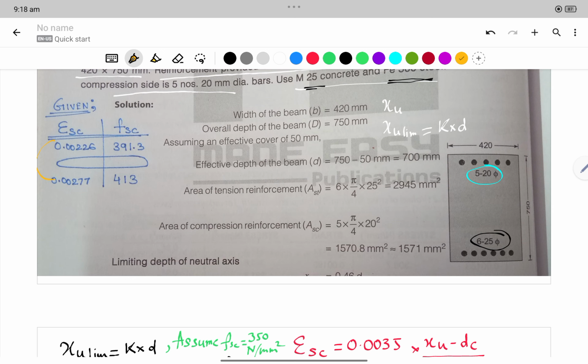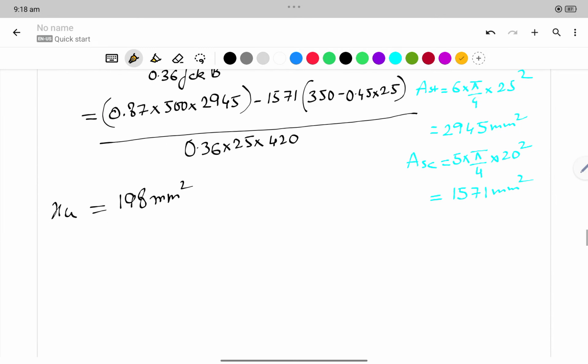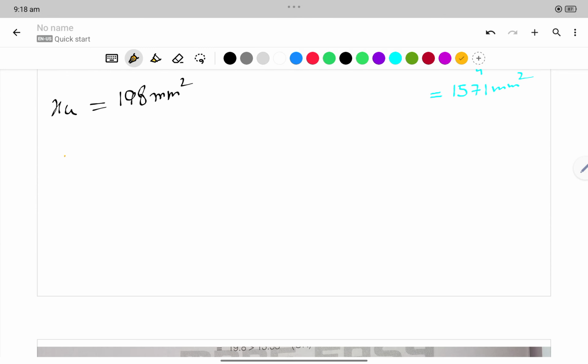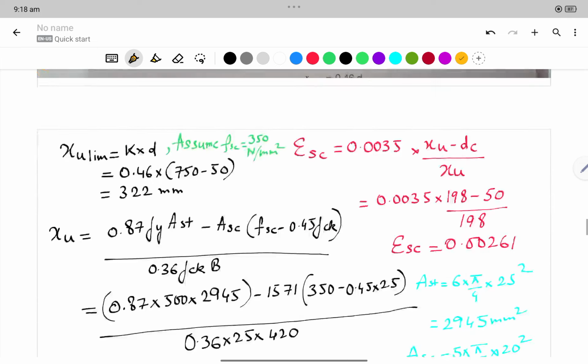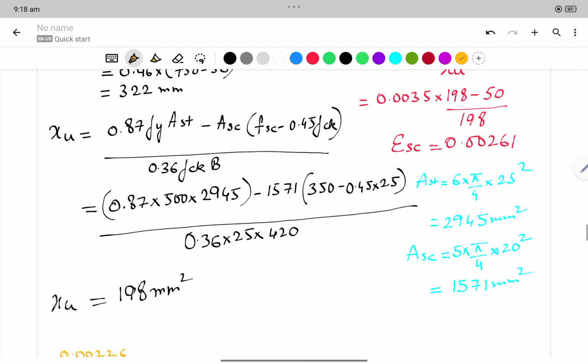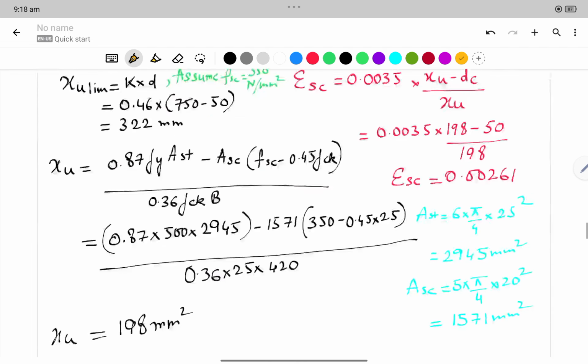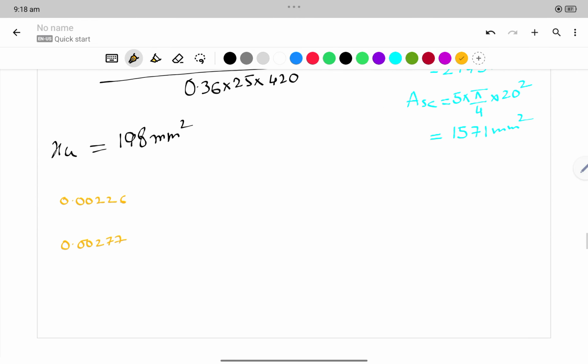So we will write it here, 0.00226, and what is given, 0.00277, and for that the values are 391.3 and 413.